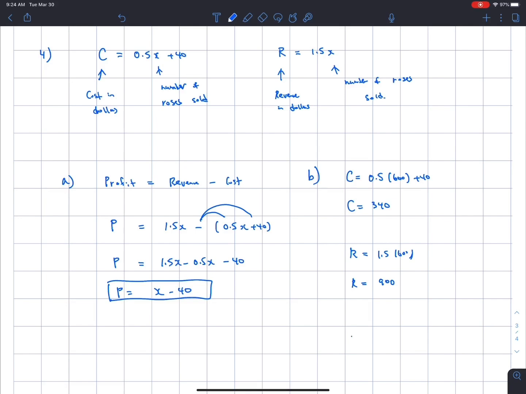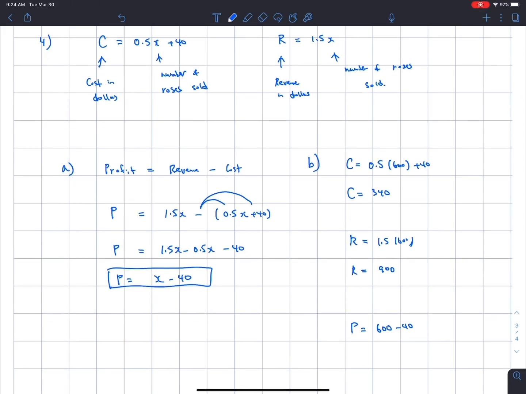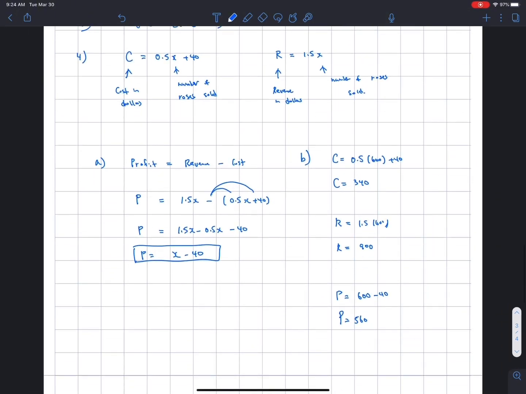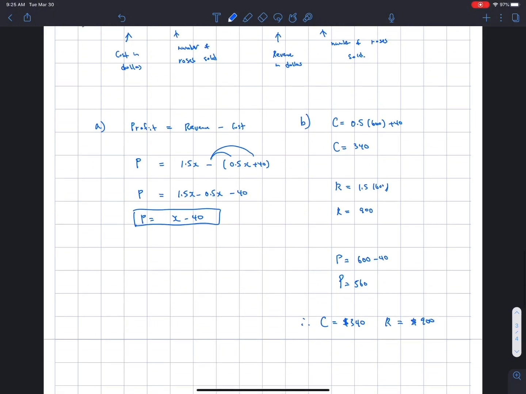Finally, profit is just revenue minus cost, or you can use the formula X minus 40 from question A. So this will be 600 minus 40, and we get 560. So those are the answers. The cost is 340. Revenue is 900. And profit is 560.